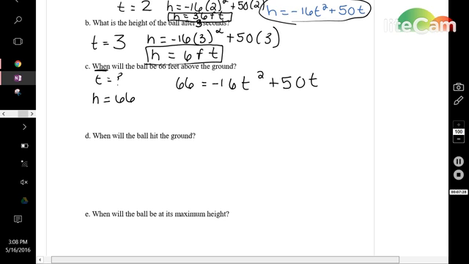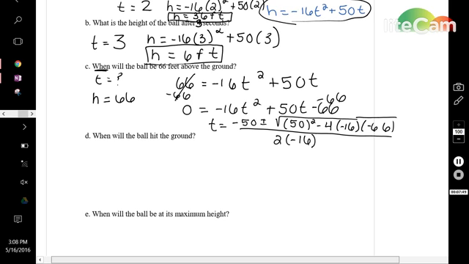Now recall we cannot solve any quadratic equation that's not set equal to 0, so I'd subtract 66 on each side. Since there are no like terms to combine it with, I'd have negative 16t squared plus 50t minus 66. What I just did, because I was running out of time, was plug everything into the quadratic formula so that we could solve for t.